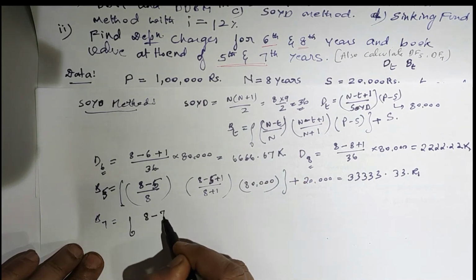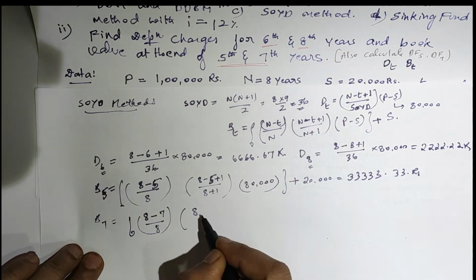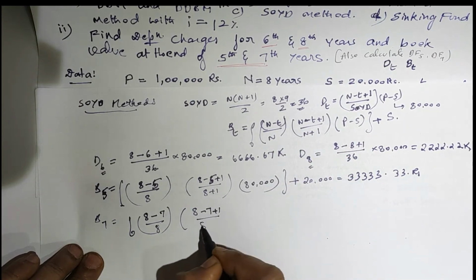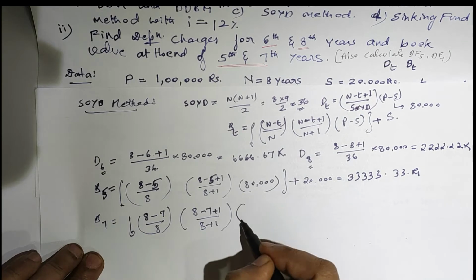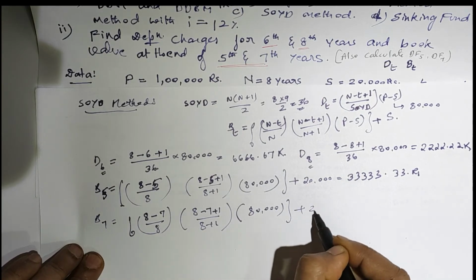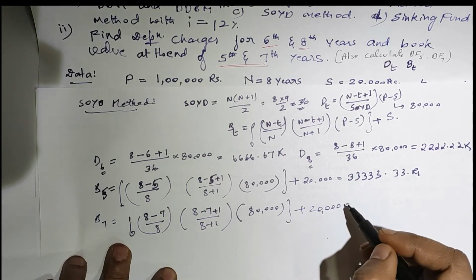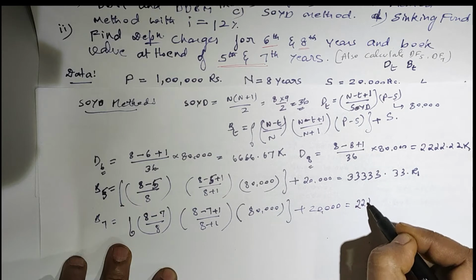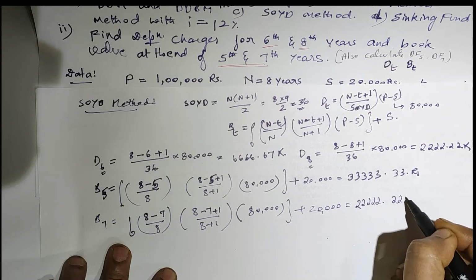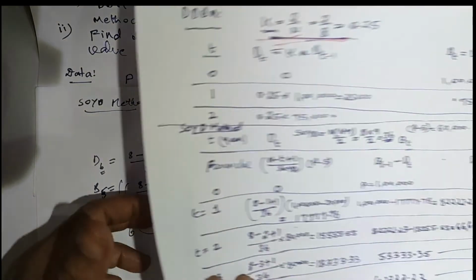N is 8, T is 7, 8 minus 7 plus 1 divided by 8 plus 1, 80,000 P minus S, we already seen, plus 20,000. So when you calculate this, it comes to 22,222.22 rupees. You can once again check with the previous table values.